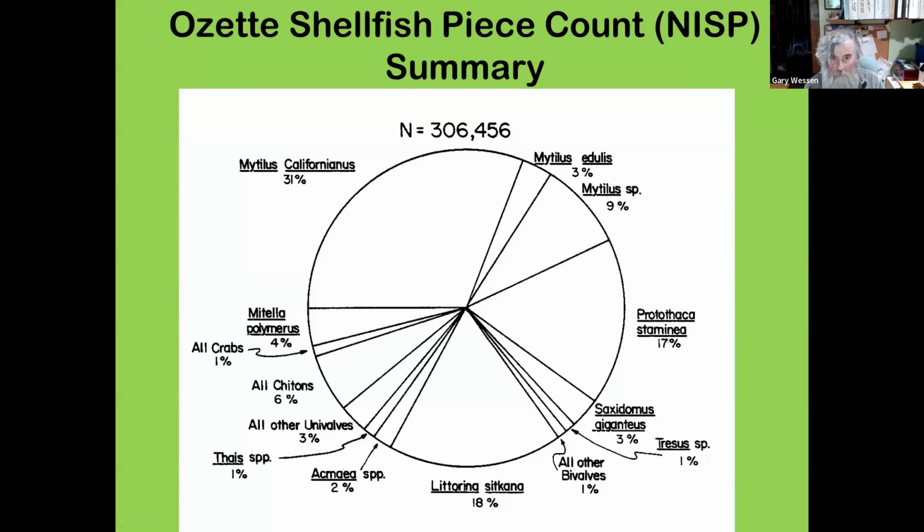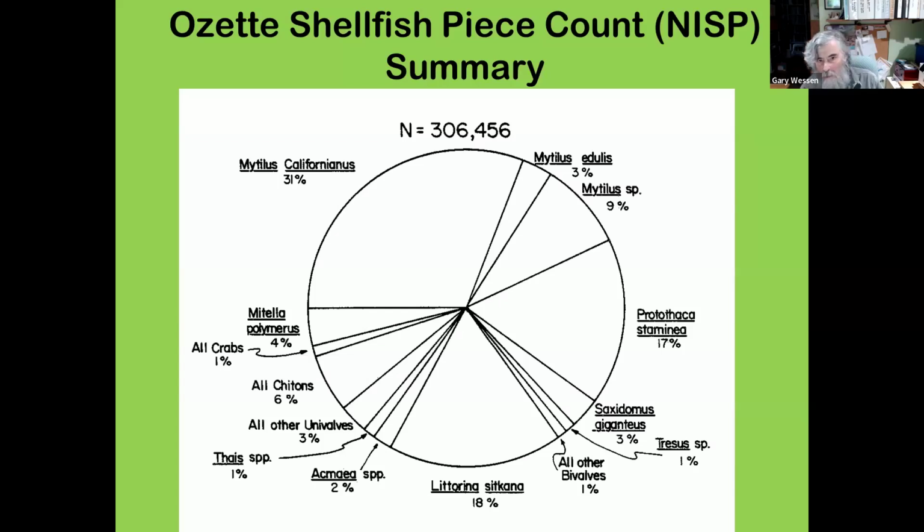And I'm going to show you NISP, just the number of identified specimens, then an MNI, minimum number of individuals, and then a category that we call live meat weight, just calculate, well, how much meat do we think we're talking about?